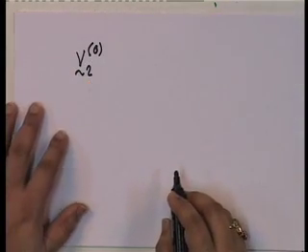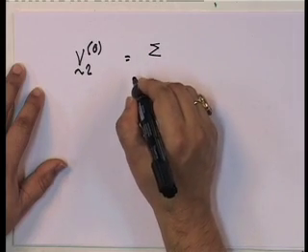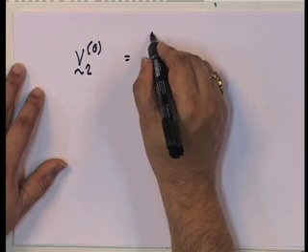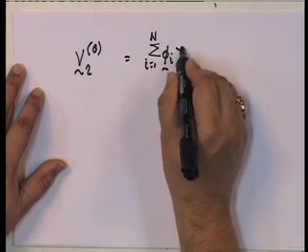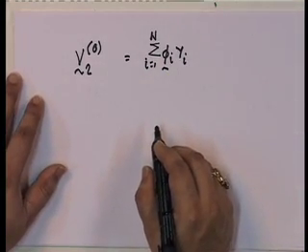Okay. And now what I am going to do is I am going to ensure that this is equal to summation, i going from 1 to n, phi i y i. Okay.